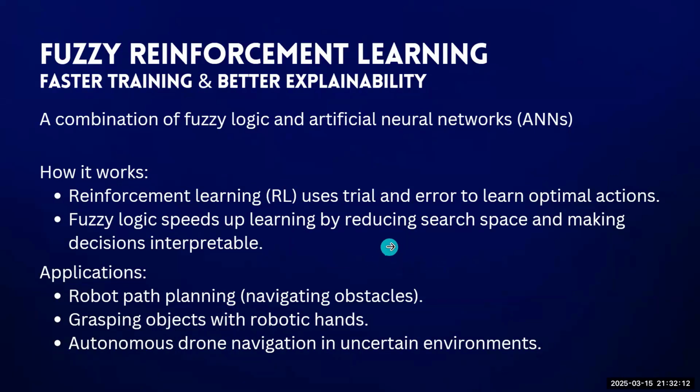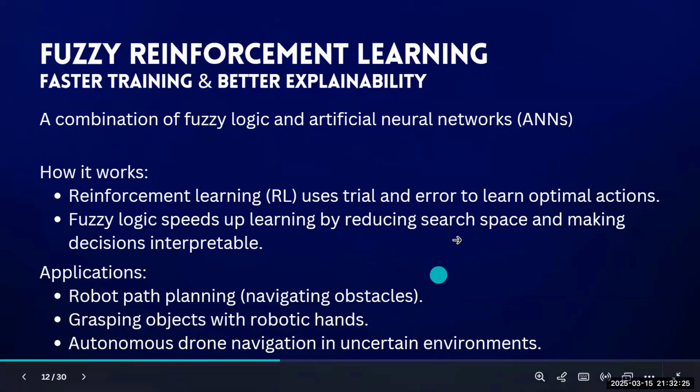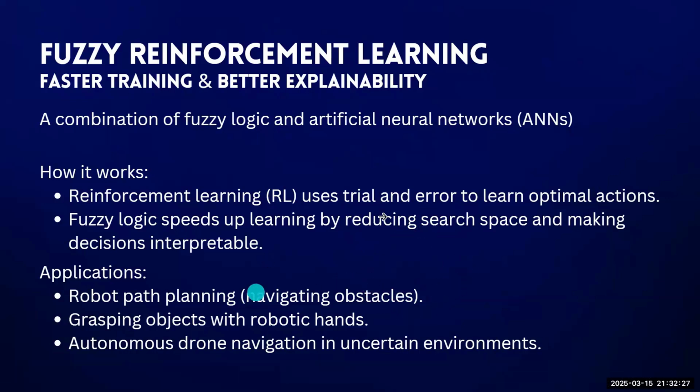Like if we say there's a robot path learning system, in there we can use fuzzy rules to help robots navigate obstacles safely, and then we can use the reinforcement learning to decide on the best route after training.